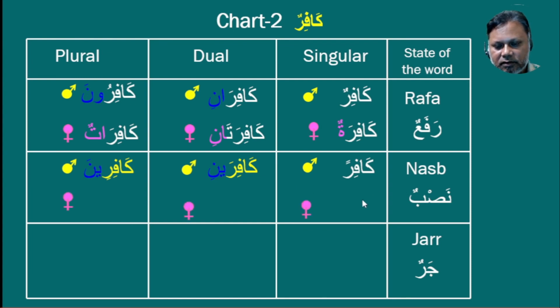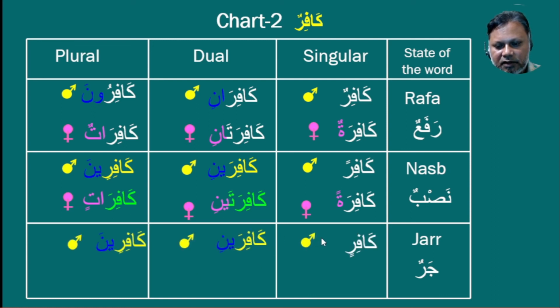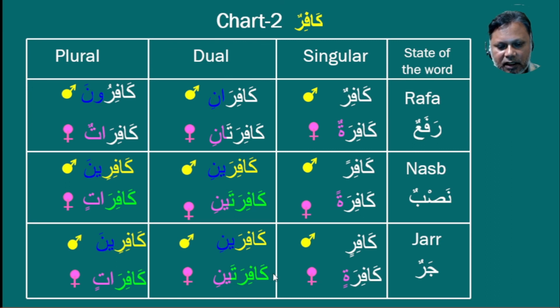For nasab female it will be Kafiratan, Kafirataini dual, and Kafiratin plural. And in jar it will be Kafirin, Kafiraini, Kafirina for male. And for female it will be Kafiratin, Kafirataini, and Kafiratin. So this way we can use different words whenever needed.